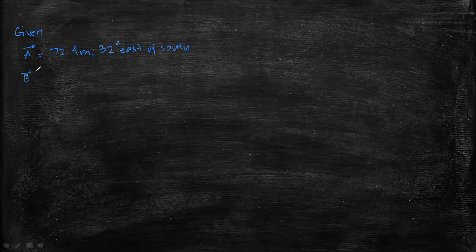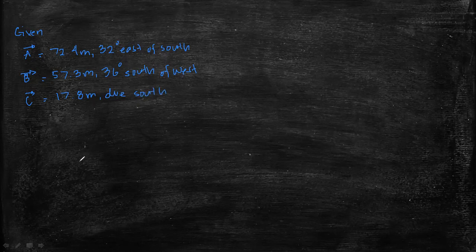Vector B, 57.3 meters, 36 degrees south of west. Vector C, 17.8 meters, due south.